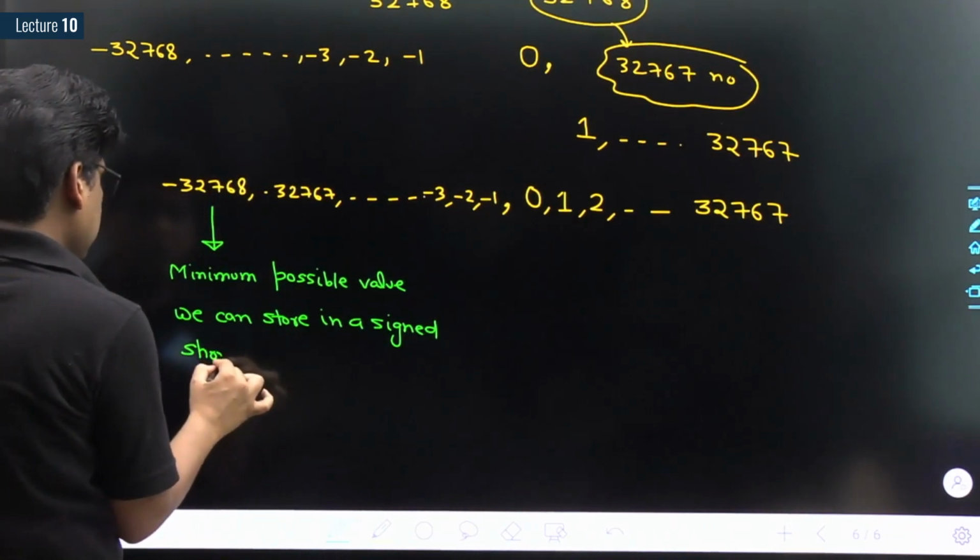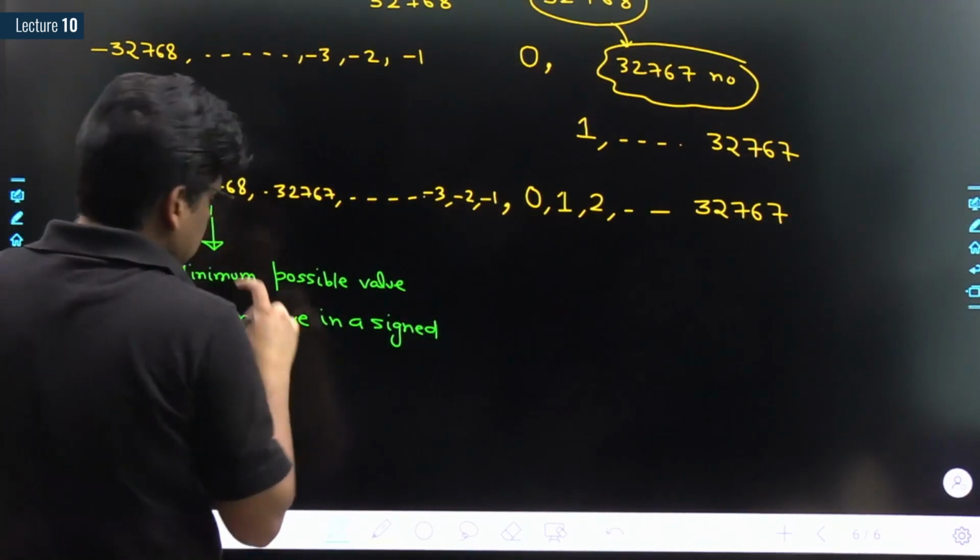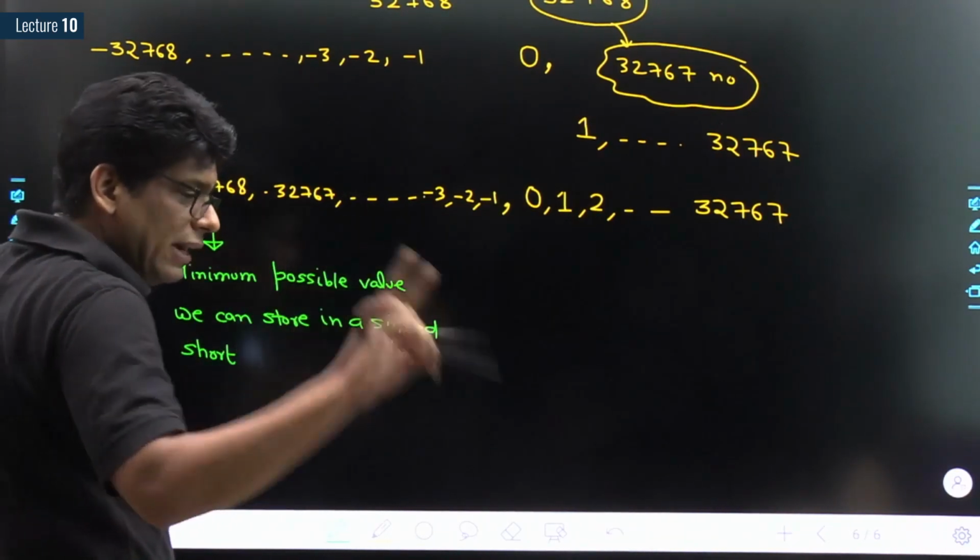One thing you must be very clear about: we are talking about a 2 byte short integer.